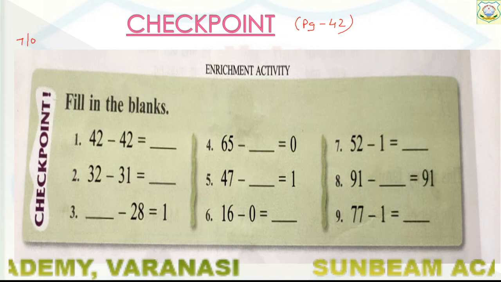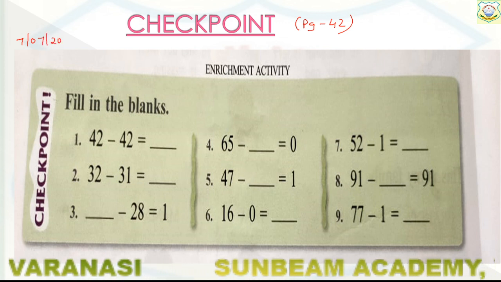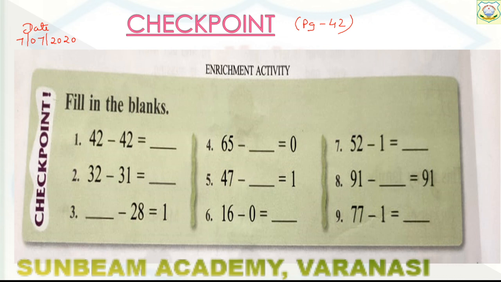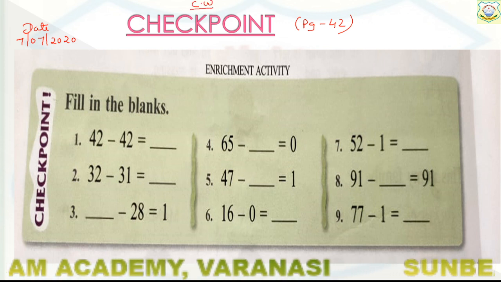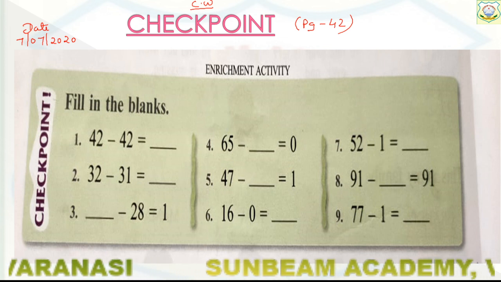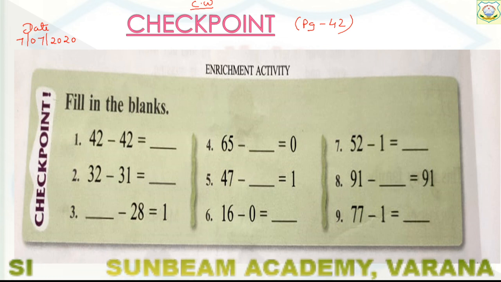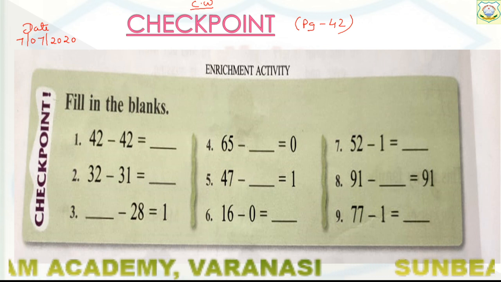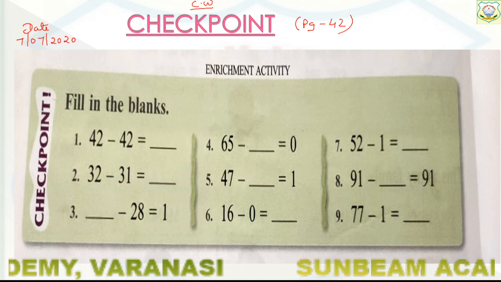That is 7/7/2020. All of you write the date, and it's a classwork, so you can mention CW. Okay? Do this. And that should be there in the books. Okay? I will be checking it. Done? Okay, now let's start the checkpoint.